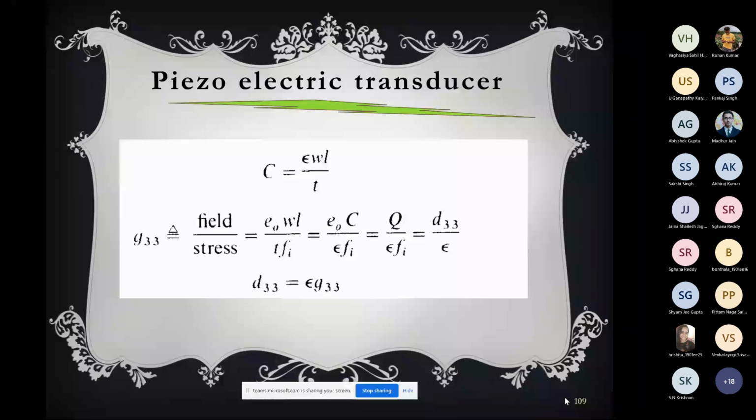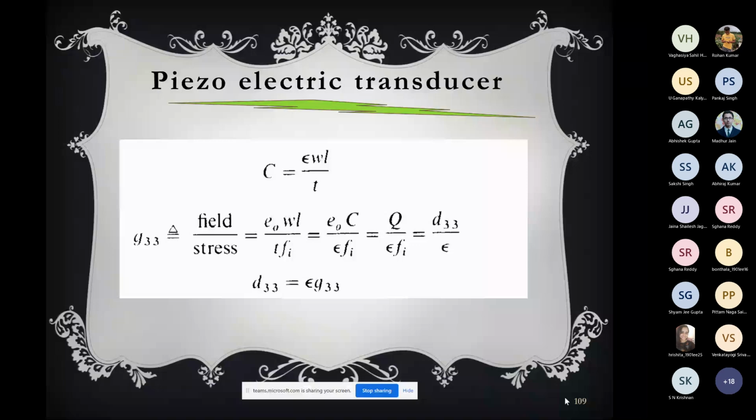Here you see that T, W, L, Fi are all known, and G will be known for the particular material. Then you can calculate E0, the output voltage. Again, I am emphasizing the formula: G33 is E0 WL by T Fi.